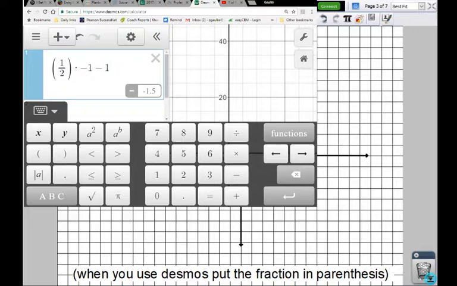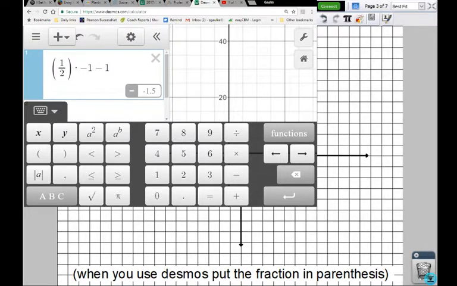Okay? We're going to keep going here. This time, though, I'm going to plug in 0. So I'm going to go 1/2 times 0 minus 1. And I'm going to go back to Desmos, but Desmos makes this nice. What's the only difference from when I plug in -1 and when I plug in 0? It's always going to be the 0 and the -1, right?